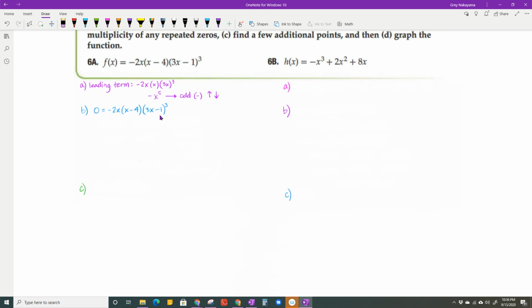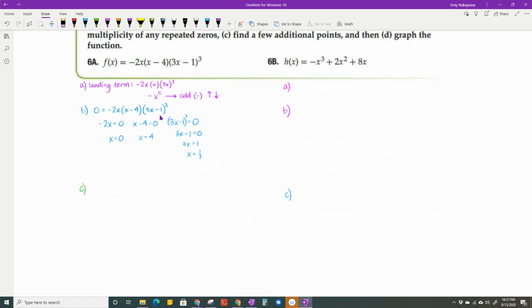Now I have to determine those zeros, so I'm going to plug in 0 for f of x, and it's already factored for me, so they've done the hard work. I just have to set each factor equal to 0, divide by negative 2, x equals 0, add 4, x equals 4. Take the cube root of both sides, 3x minus 1 equals 0, add 1, and then divide by 3.